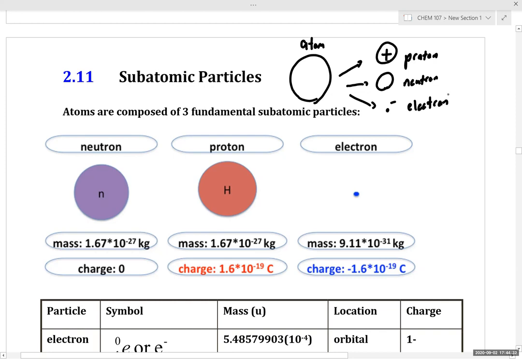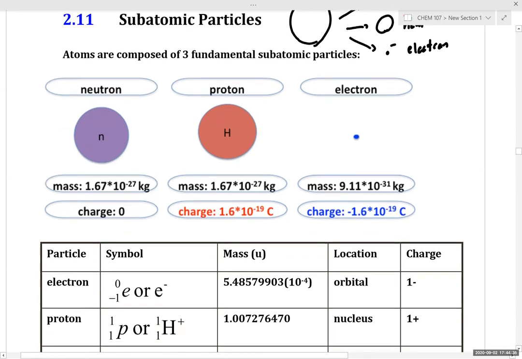So, what do I need you to know about these protons, neutrons, and electrons? Neutrons are neutral. They have a charge of 0. Protons have a charge of +1. Electrons have a charge of -1.